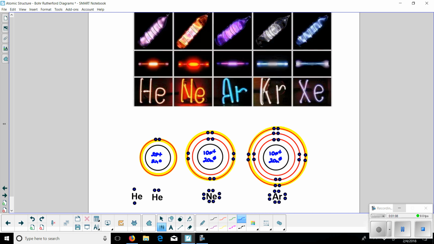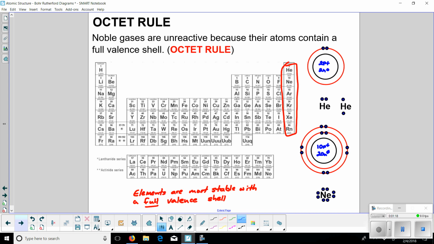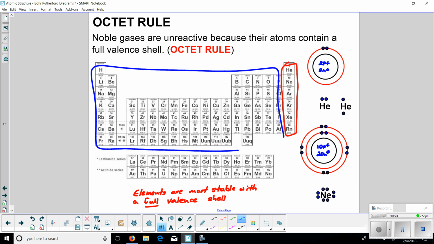So there's something special about having a full outer energy level. It makes the atom very stable chemically, such that it doesn't want to react. So that means that if the noble gases are chemically inert, all the other elements are going to react. And what they do is they try to react such that they have a full outer energy level.